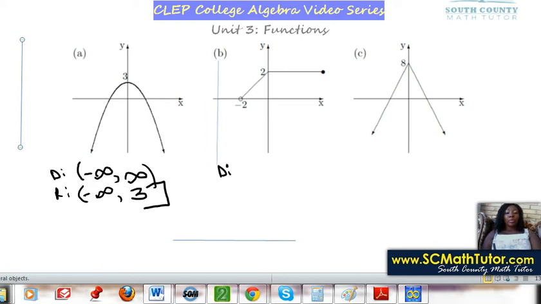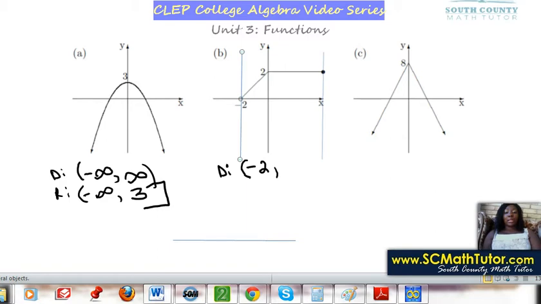If I'm going from left, the first thing I hit on the graph is right here at negative 2. So that means we start at negative 2. Notice that there's a hole right there, like a circle with a hole on it. Whenever we have a hole, it's parentheses. We go from side to side all the way here.